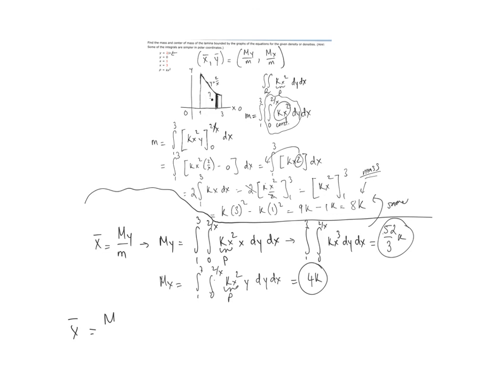So x bar will be My divided by the mass, 52 over 3 k, divided by the mass 8k. You will get 13 over 6. And your y bar will be Mx divided by m, so 4k divided by 8k is 1 over 2.